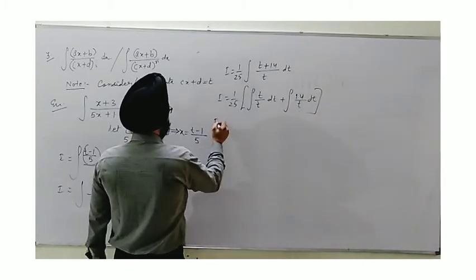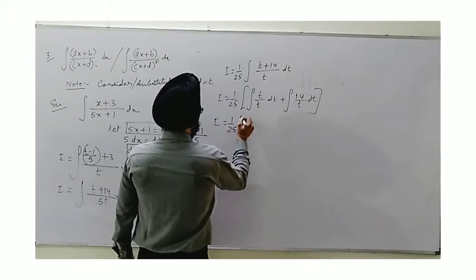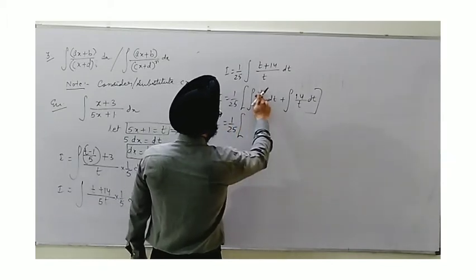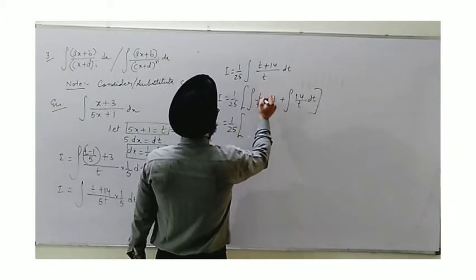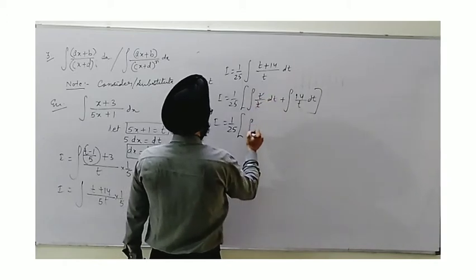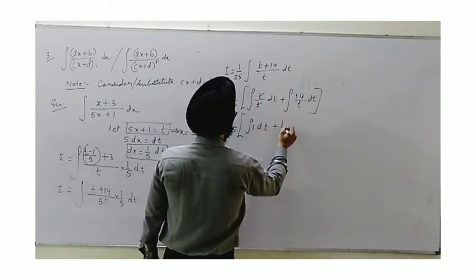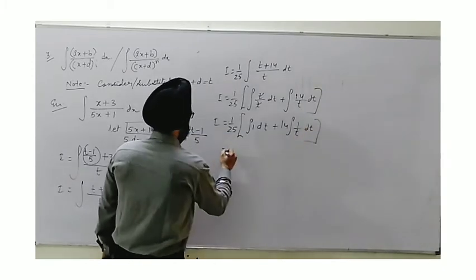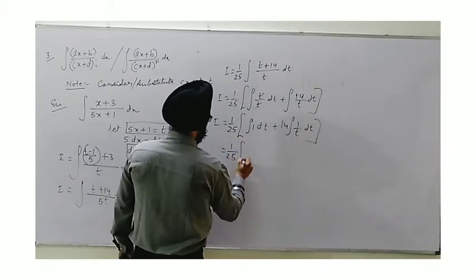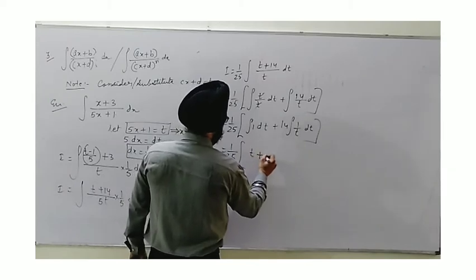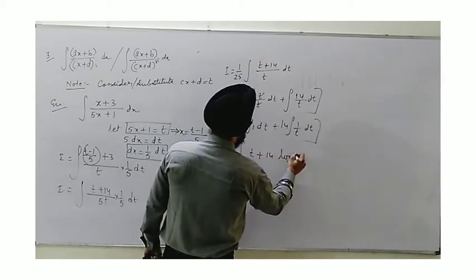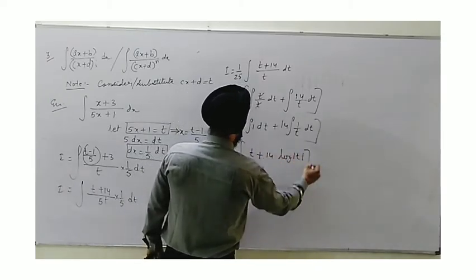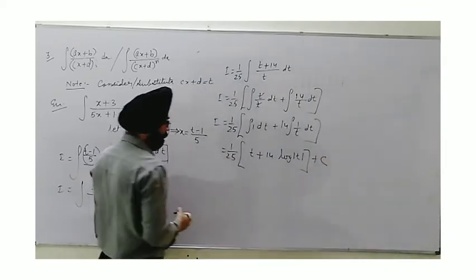Now this converts into the basic pattern. t upon t cancels. Now we have integral of 1 dt plus 14 integral of 1 upon t dt. We can solve it as t plus 14 log of t, and as a whole plus c as the constant.